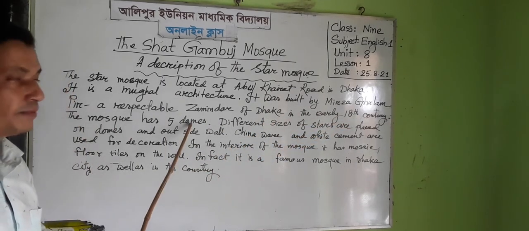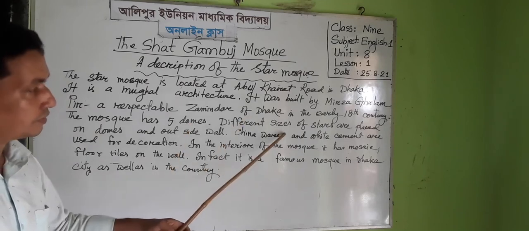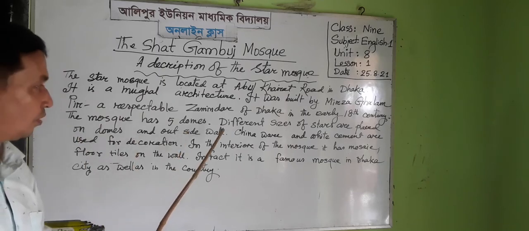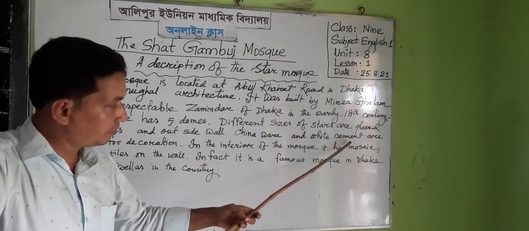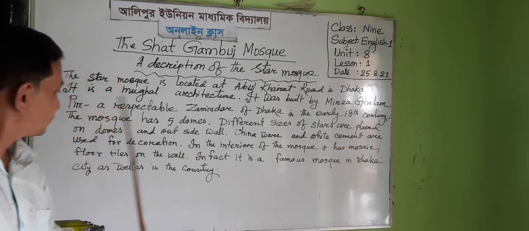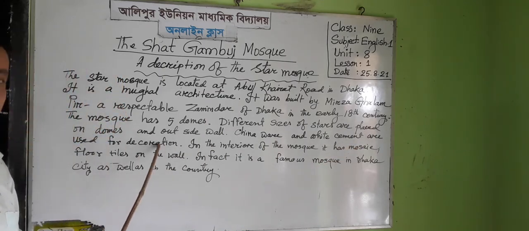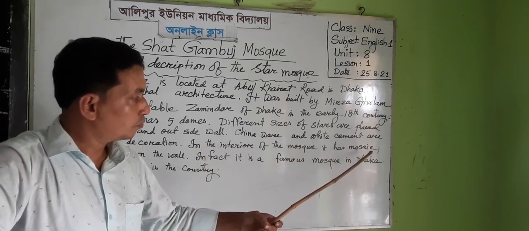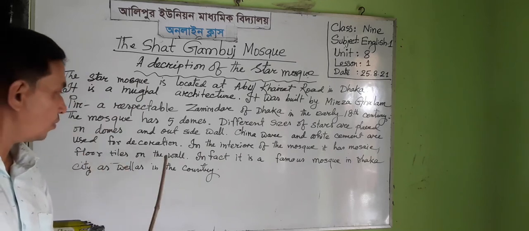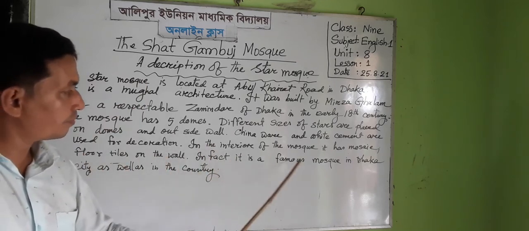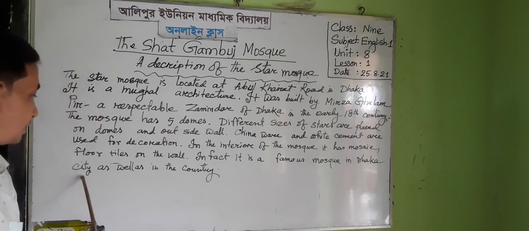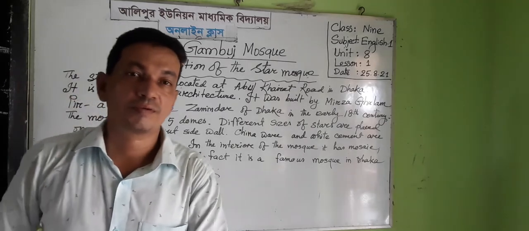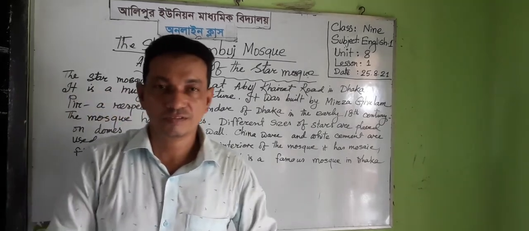The mosque has 5 domes. Different sizes of stars are placed on domes and outside wall. China ware and white cement are used for decoration. In the interior of the mosque, it has mosaic floor tiles on the wall. In fact, it is a famous mosque in Dhaka city as well as in the country. This is the short description of the Star Mosque.